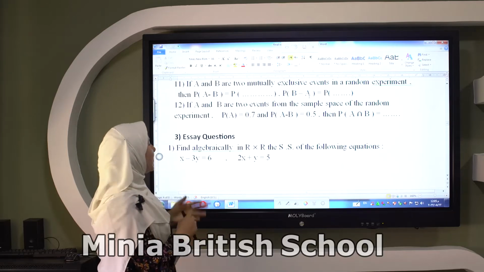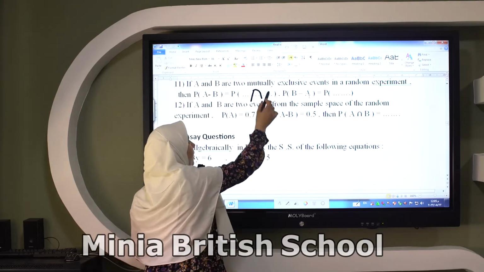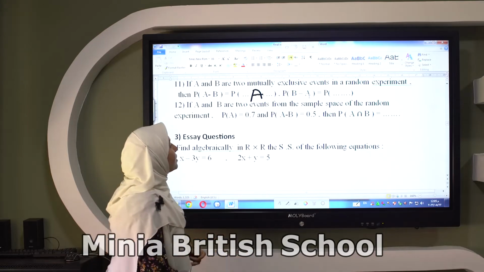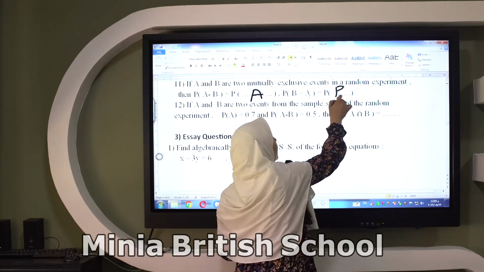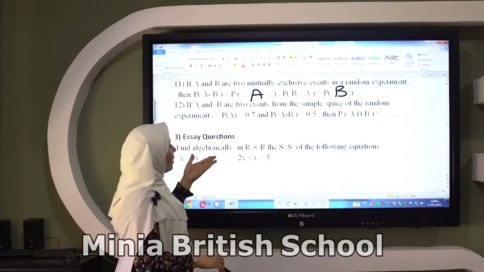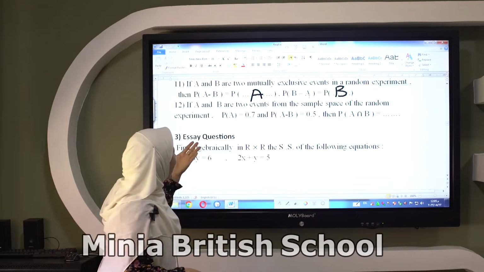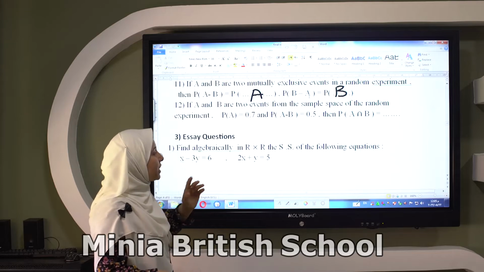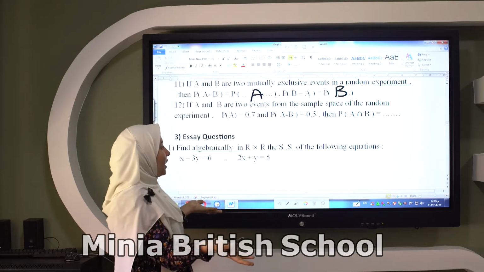Then probability A difference B equals probability of A, and probability B difference A equals probability of B. A and B are two events from the sample space of a random experiment, P(A) is 0.7, P(A - B) is 0.5. So probability A intersect B equals what?